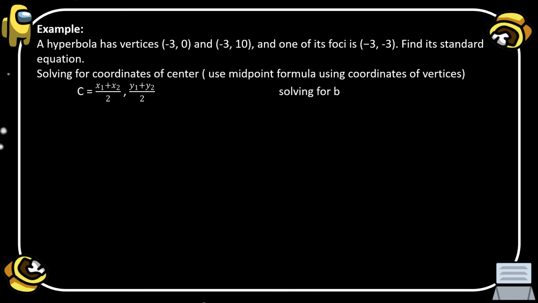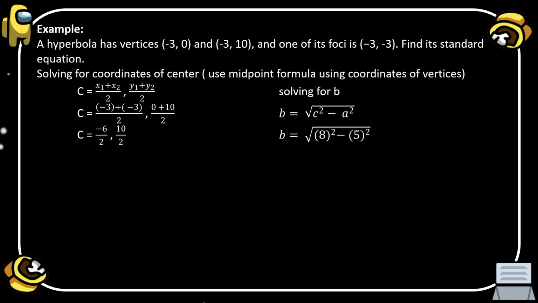So, the midpoint formula is x1 plus x2 over 2 and y1 plus y2 over 2. Kinsa man si x1 o si x2? Mao na imuhang coordinate sa imong vertex 1 o sa imuhang vertex 2. So, which is negative 3 and negative 3. While si y1 o si y2, mao na si 0 sa imong y1 o si 10 sa imong y2. Substitute, we have negative 3 plus negative 3 over 2, and for the coordinate of y, which is 0 plus 10 over 2.